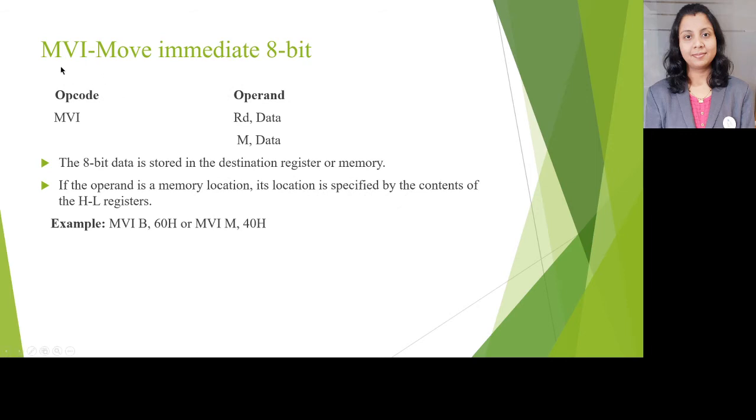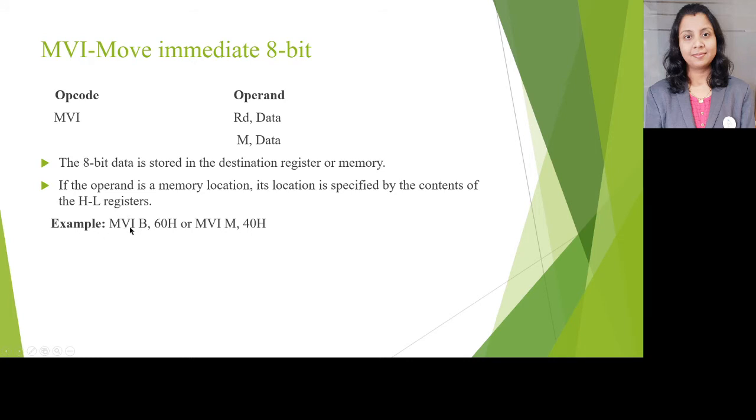The next instruction is MVI, move immediate 8-bit data. I specifies immediate. The opcode is MVI, operand may be Rd, data or M, data. The 8-bit data is stored in the destination register or memory. If the operand is a memory location, its location is specified by the contents of the HL register.